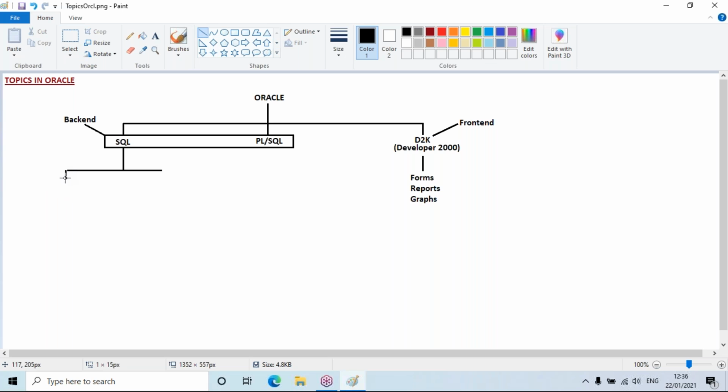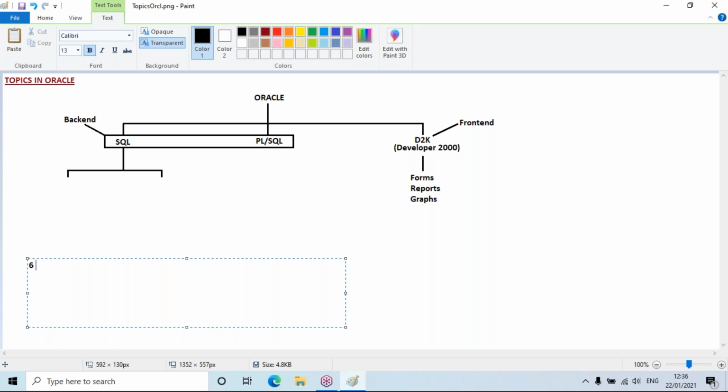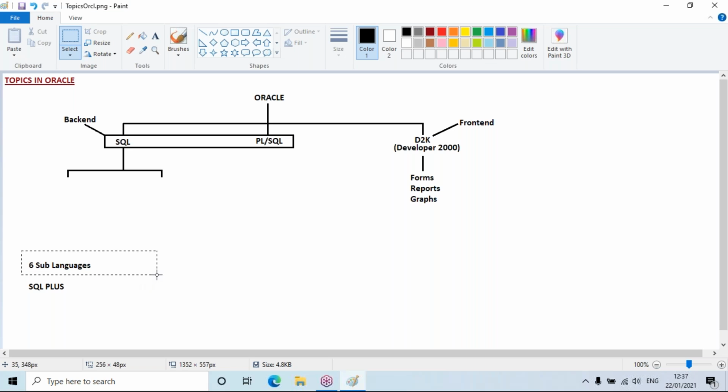This is one category, and this is the second category. One is called six sublanguages. We'll discuss what they are, don't worry. And second, we have the extension SQL Plus. Two categories we have in SQL. One category is that we are going to learn about six sublanguages, and second we have something to discuss about SQL Plus.